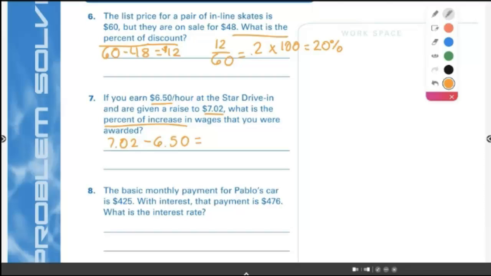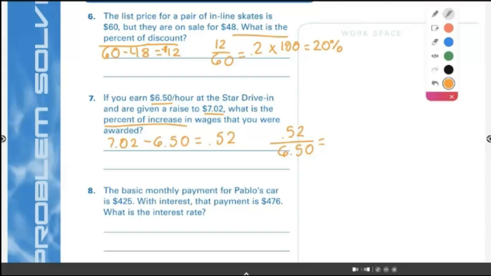7.02 minus 6.50. 0.52. So it's 52 cents. So that is our money increase. Now remember, we said that if we want to find the percent, we take and we divide. So we do 0.52 divided by 6.50. That's going to give us our decimal increase, and then we make it a percent.